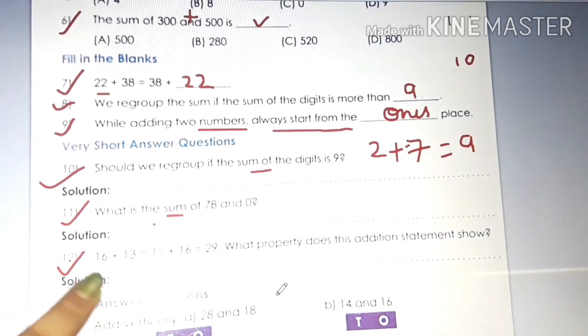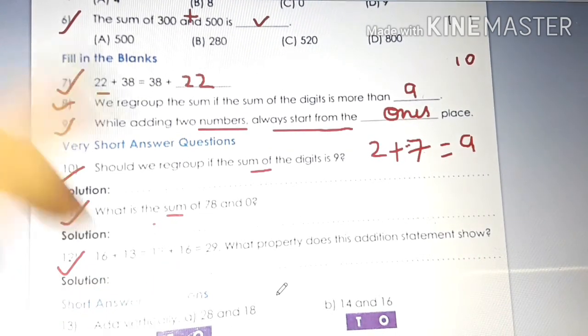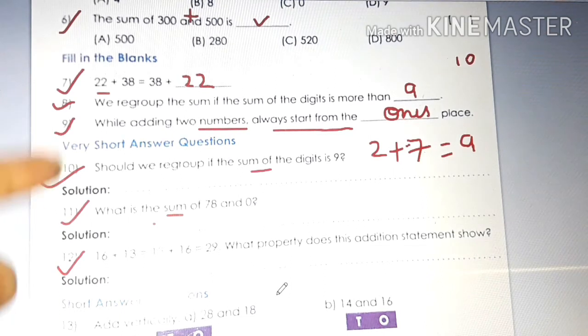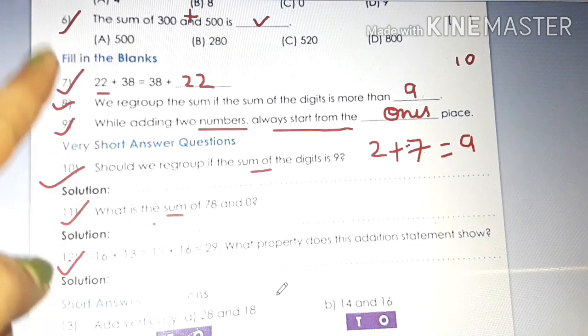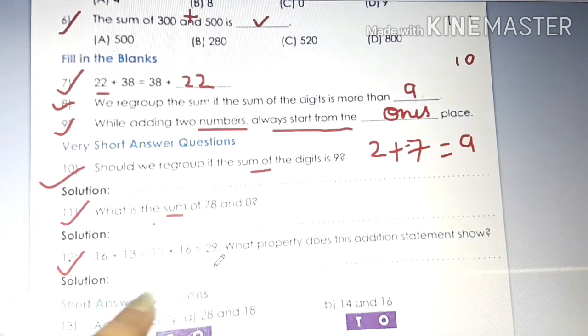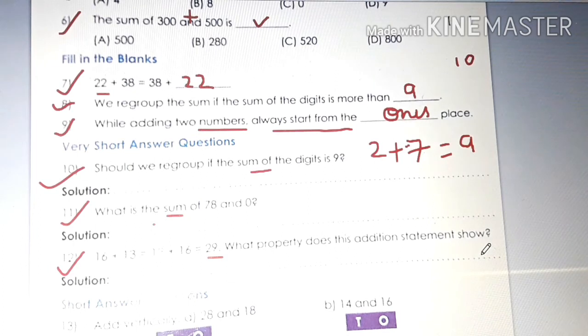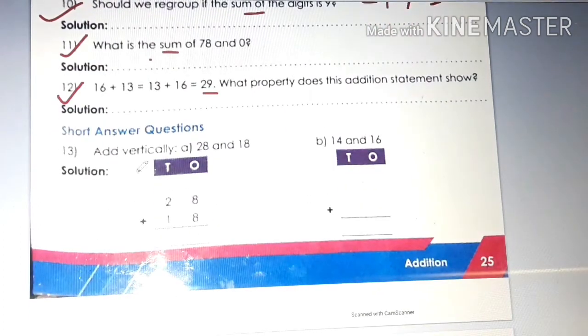You can see the order of the numbers is changed, isn't it? So when the order of the numbers is changed, which property comes here? Commutative property. The sum is always the same. Is it clear?